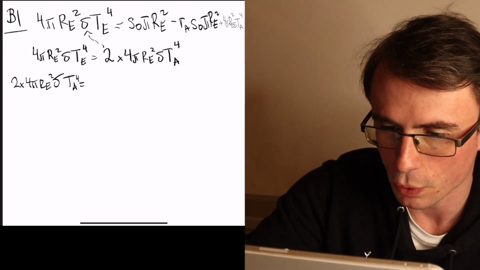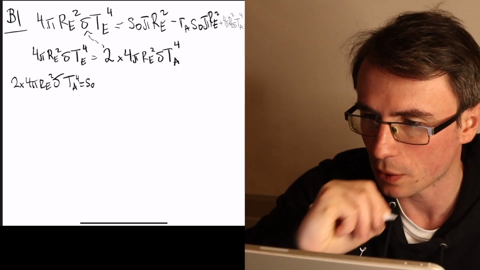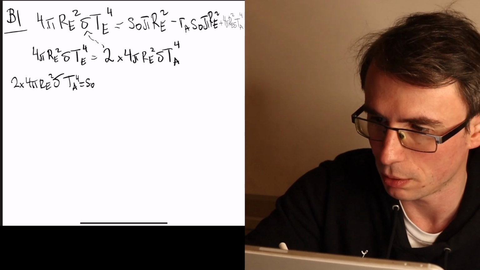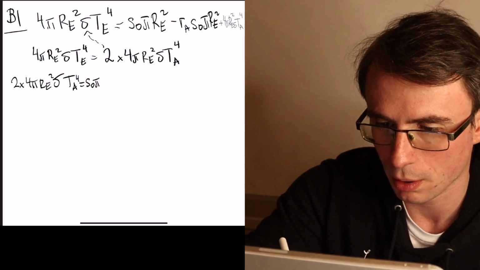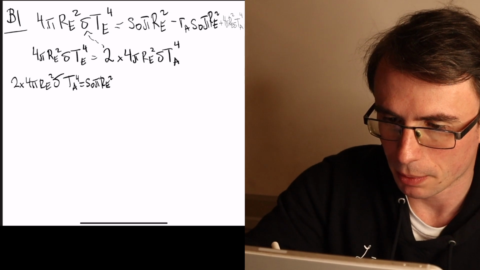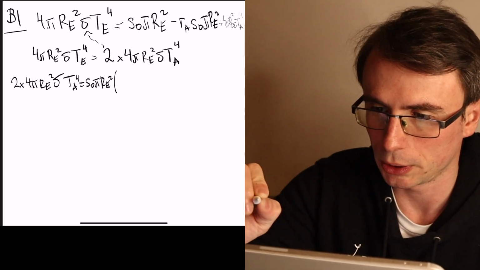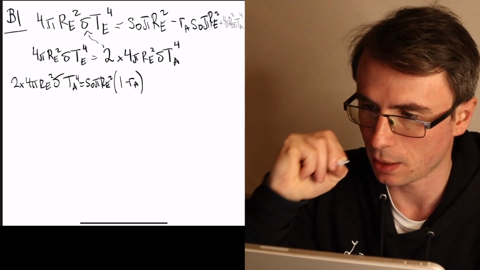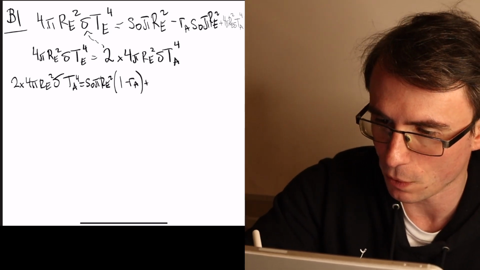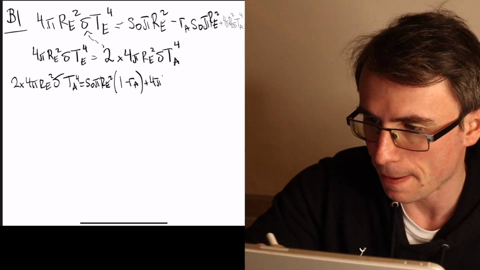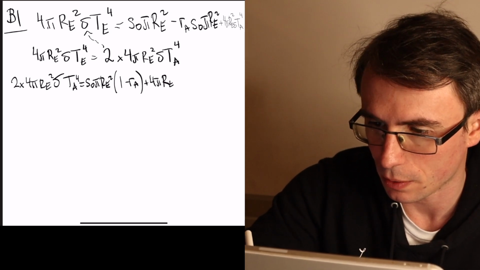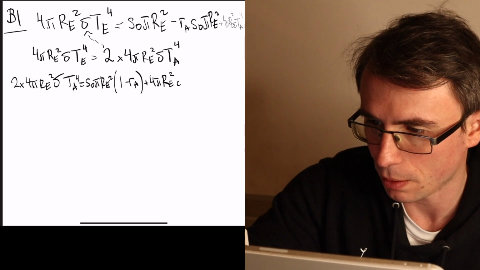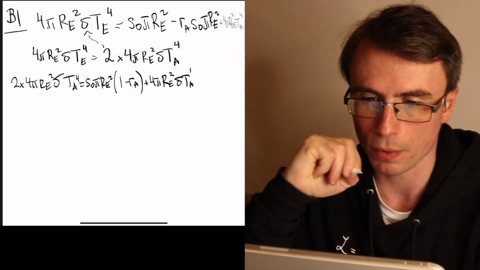That is equal to, let's take a factor of S0 pi RE squared, and then we're going to be left with 1 take away RA, like this, plus 4 pi RE squared constant TA to the power of 4.